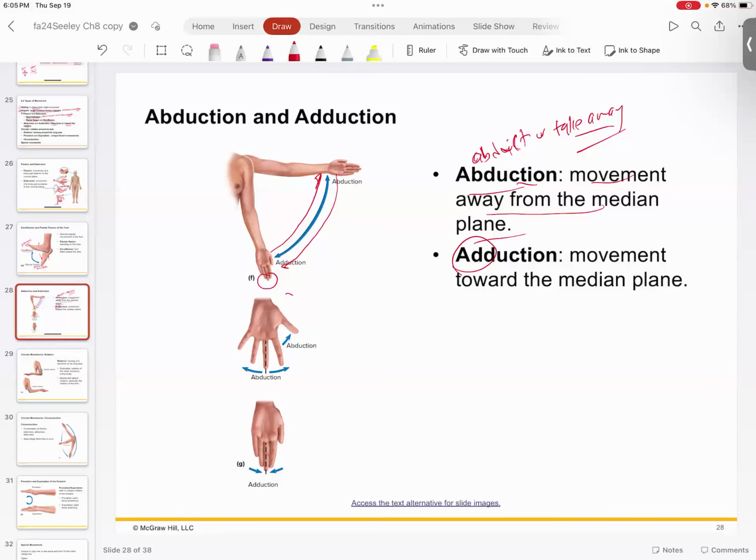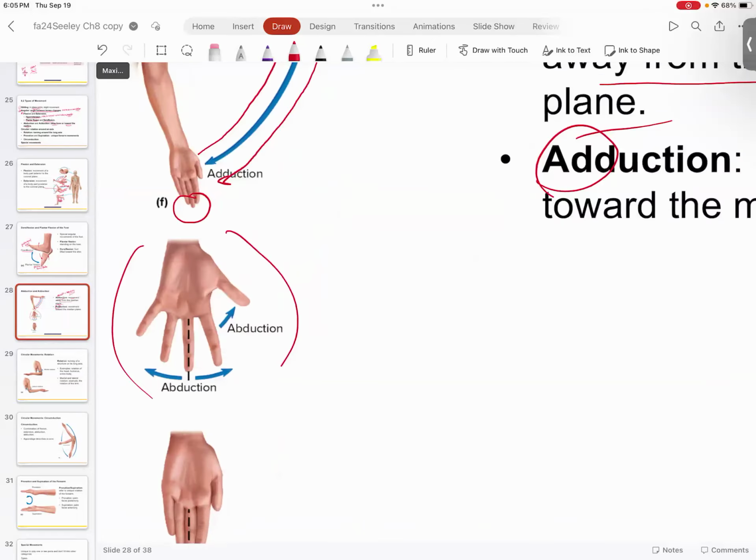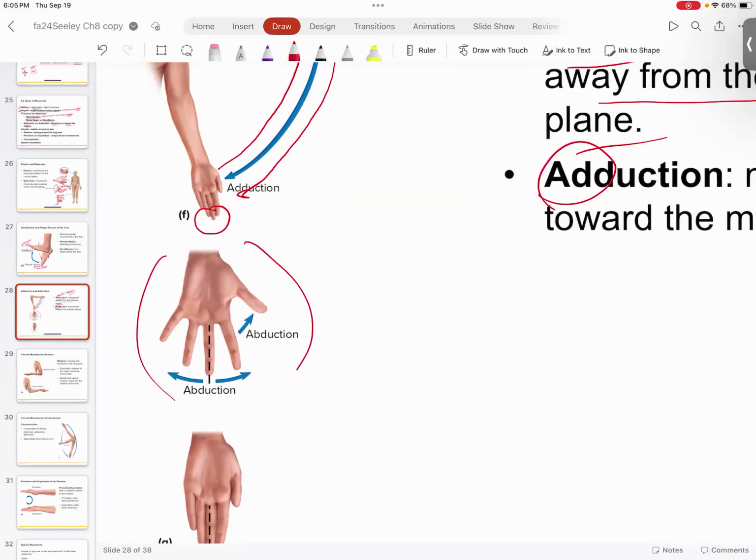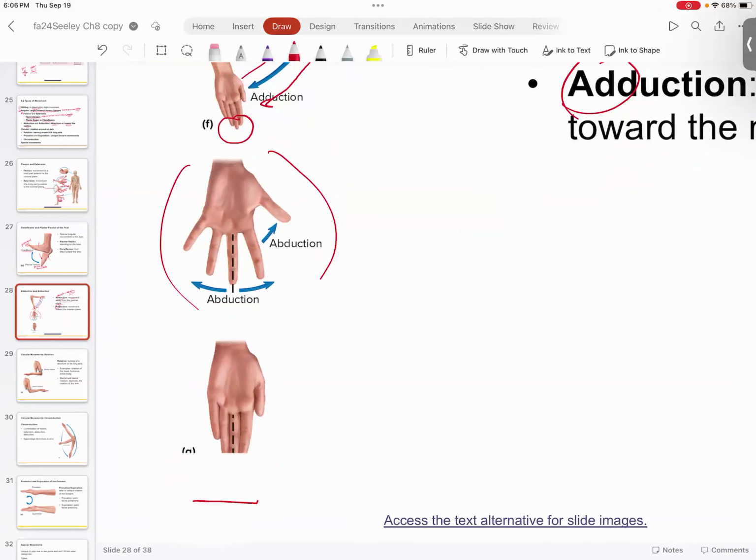And then when you take a look at adduction and abduction of your hand, when your hand is together, this is adduction. In this case, the midpoint is the middle of your hand, not the midline of your body. So basically, if your fingers are all gathered together toward the midpoint, that's adduction of the fingers.